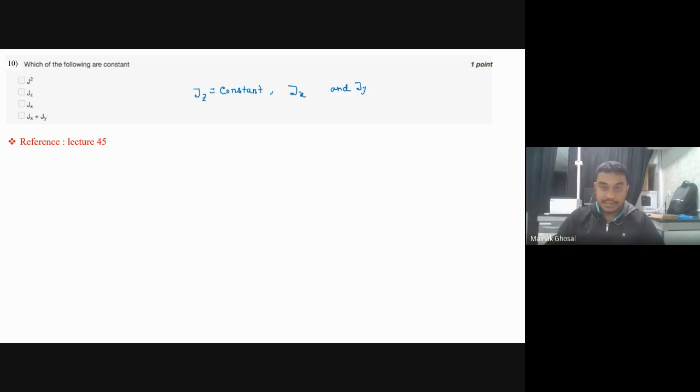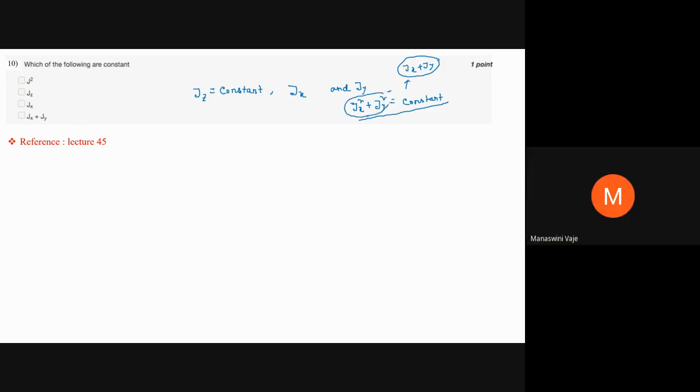But I have shown you that if you do Jx square and Jy square and add them up, you will find that they are constant. All these calculations are done in this lecture. And you also know this Jx square plus Jy square is not equal to Jx plus Jy, right? These two are different.